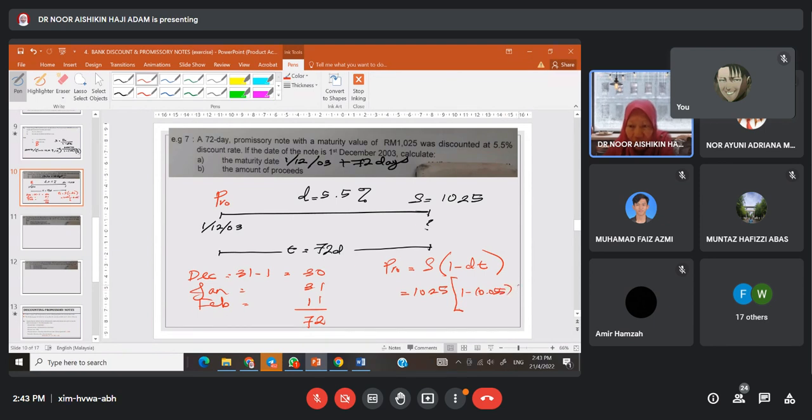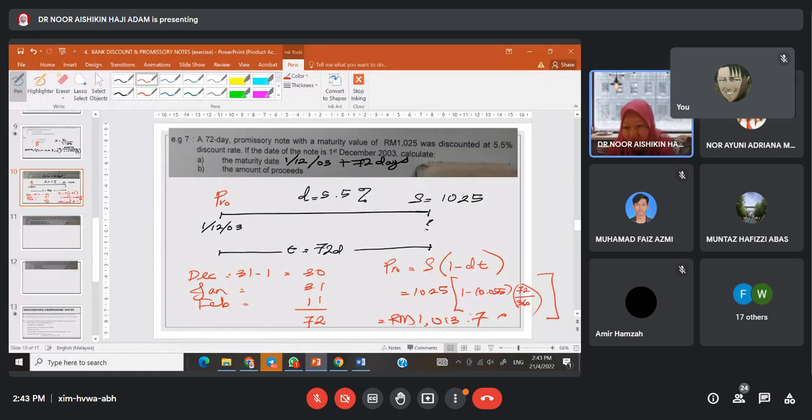One minus 0.055 times term. Barulah you guna ordinary simple interest. So that is 72 over 360. Betul class? Close bracket, don't forget. So how much is the proceeds? 1,013.72 sen. 72 ke 73? 73.